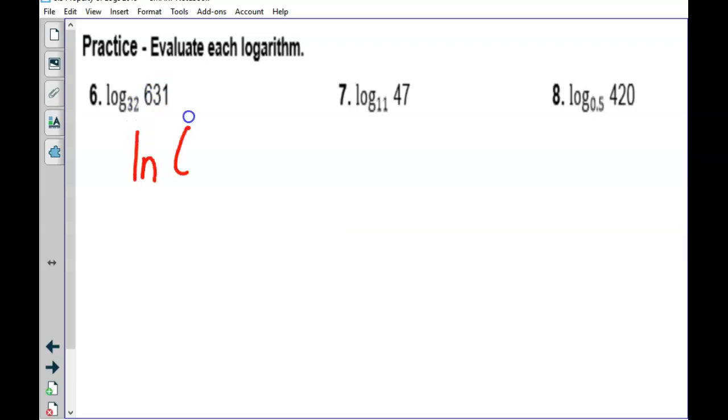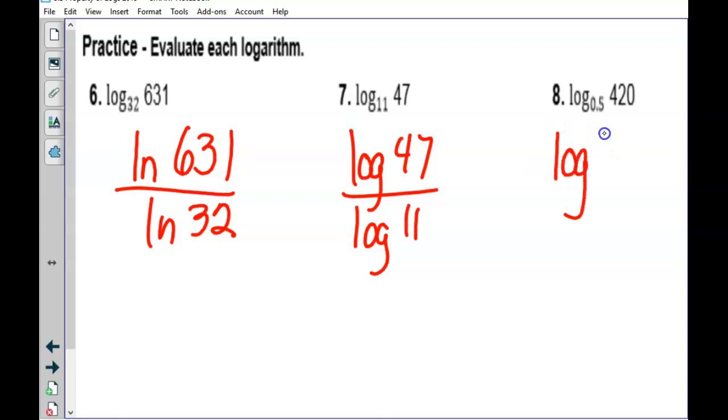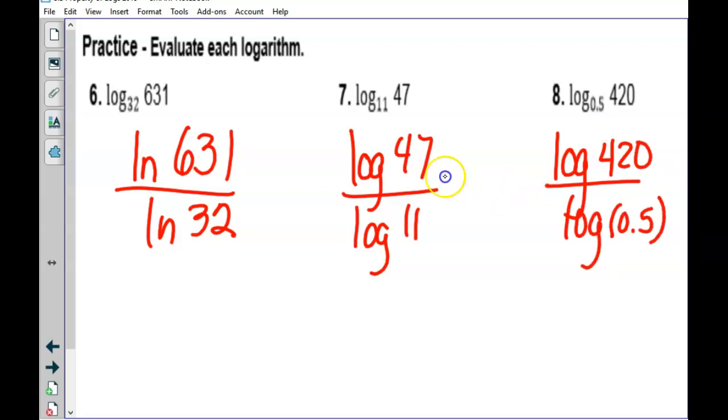You want to do ln of the big number divided by ln of 32. Or you can do log base 10 of 60. Just remember you got to close the parentheses after you do the top. Okay? And it doesn't matter if you do ln or log.